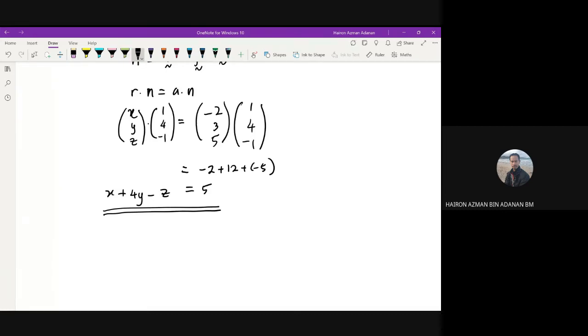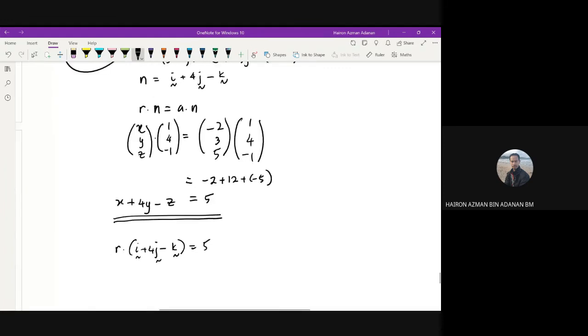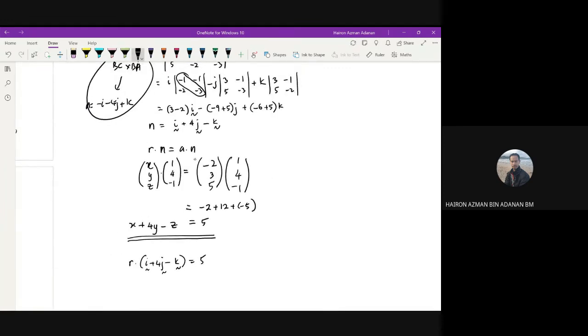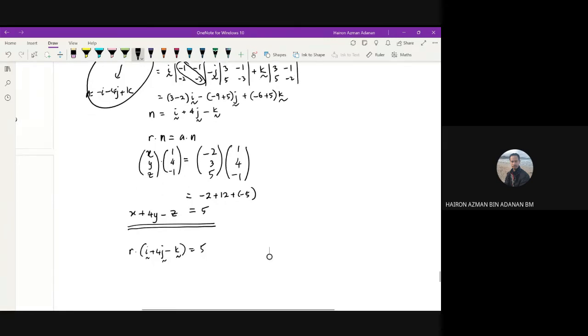Tapi kalau dalam bentuk vektor, just r dot I plus 4j minus k equal to 5 lah. Boleh? Okay, saya tertinggal banyak IJK dan simbol italic dan cacing ni kan. Just tambah. Okay, boleh?